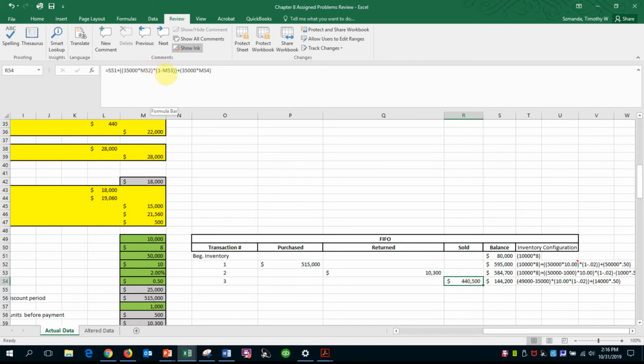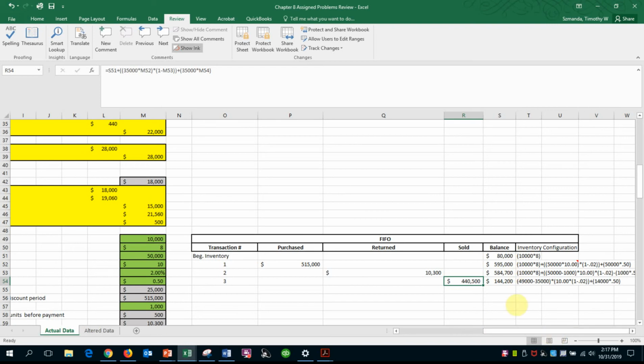So we have that 2% discount we're going to take out of these 35,000 units that we're capturing here. And notice that that discount, that cash discount, does not impact the freight. That cash discount only affects the 35,000 units that we are costing $10 a unit.